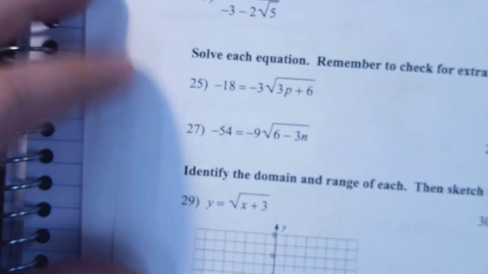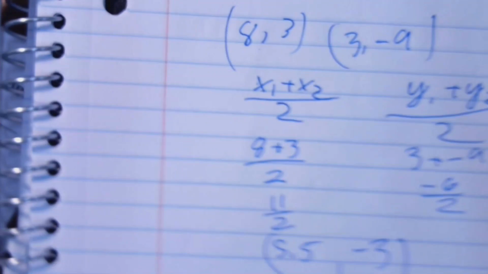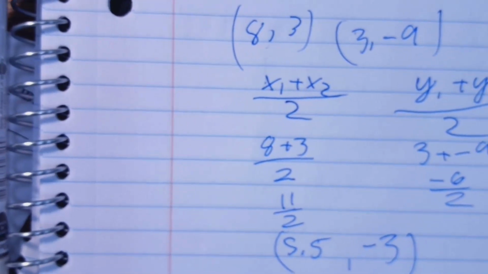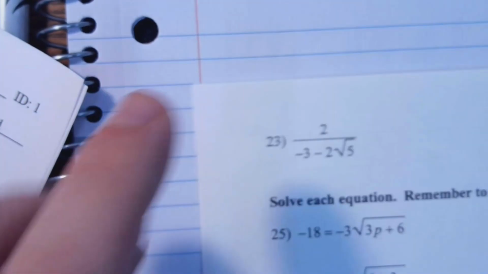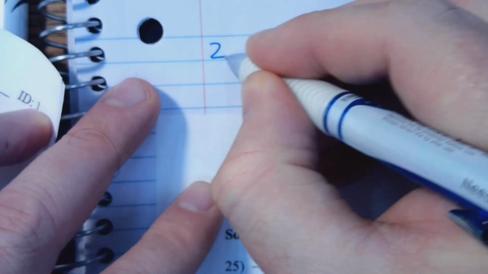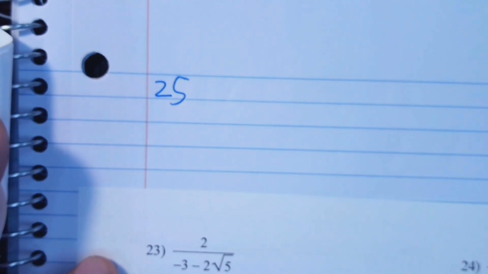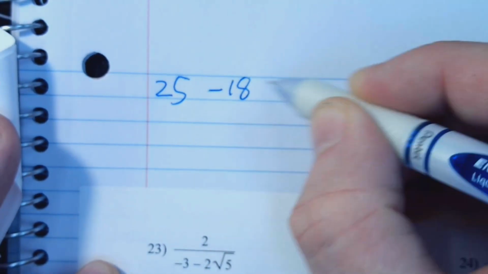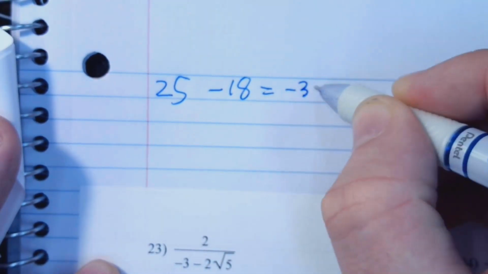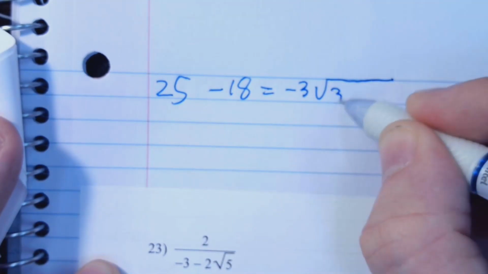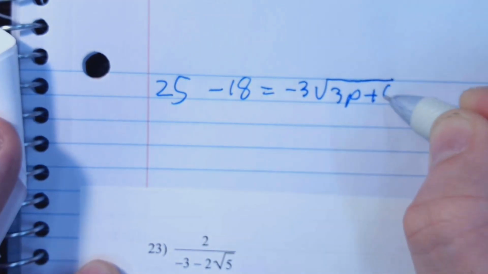So I'm going to do 25. Okay. So 25 is negative 18. And this is why we have to have separate paper. Not for the calculator problems, but for the ones that you actually have to do some work.